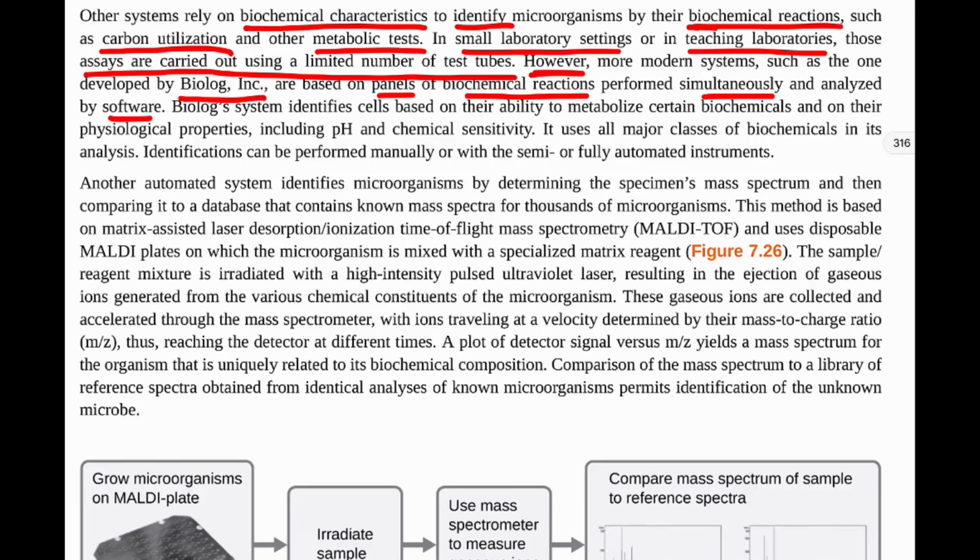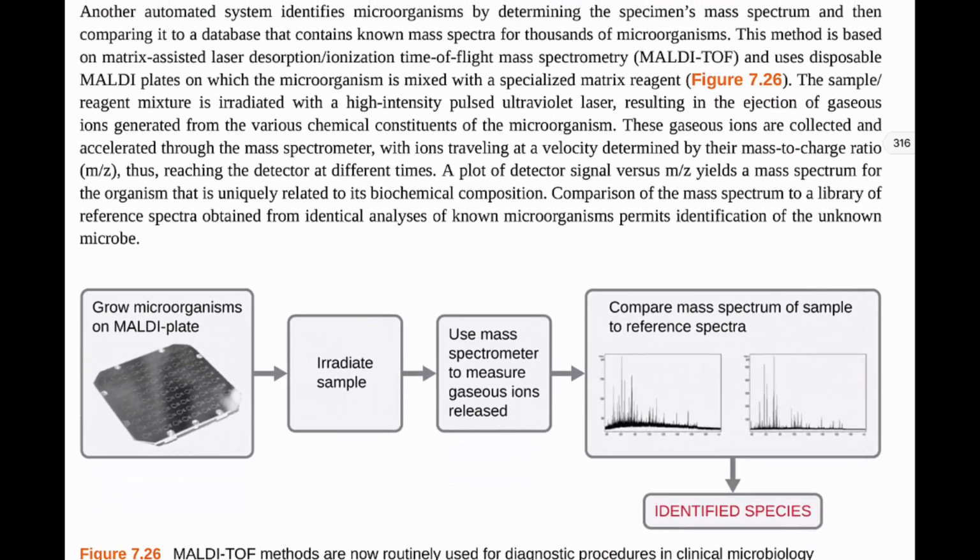Their Biolog system identifies cells based on their ability to metabolize certain biochemicals, break them down and utilize them, and on their physiological properties like pH and chemical sensitivity. It uses all the major classes of biochemicals in its analysis, and it can be performed manually or with semi or fully automated instruments. So it can be done manually if needed, or you can send this right into the machine and it'll go through all of these different tests to determine what organism you have.